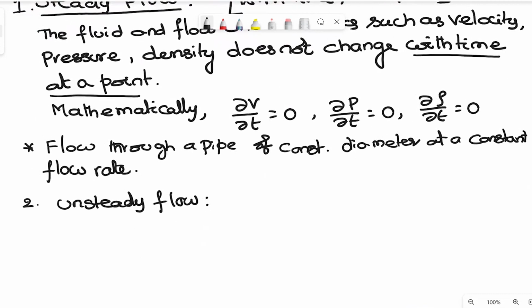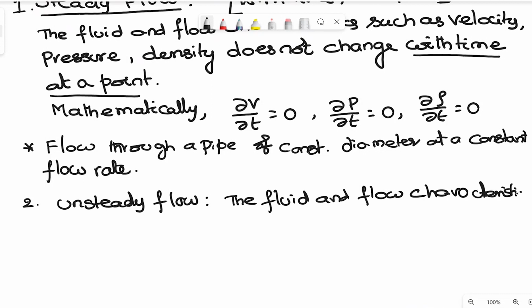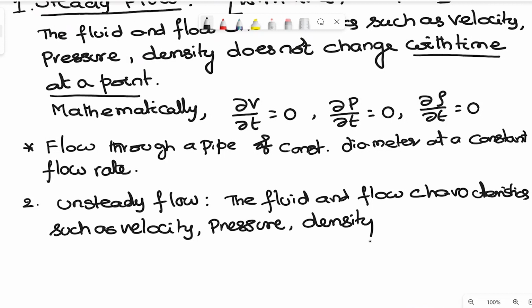Here also again with respect to time at a point, the fluid and flow characteristics such as velocity, pressure, density change with the time.